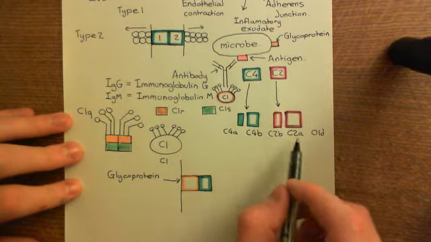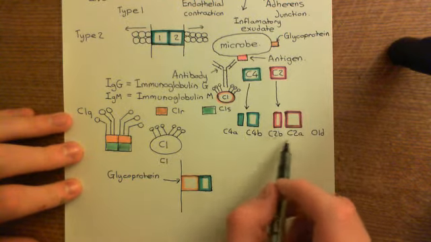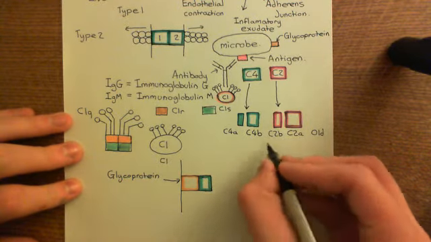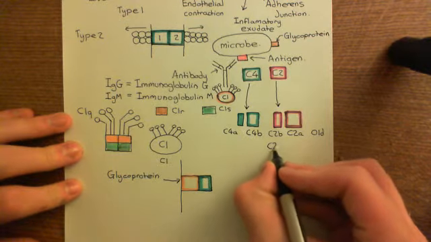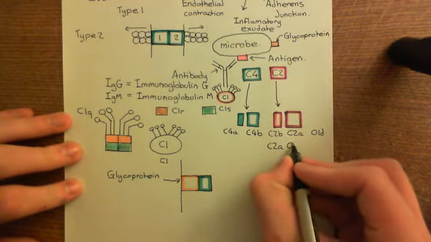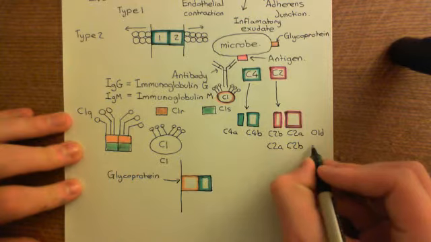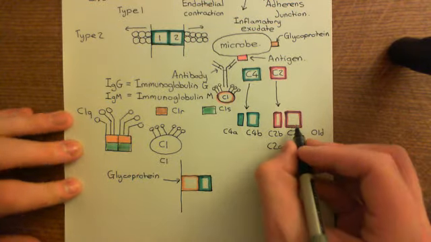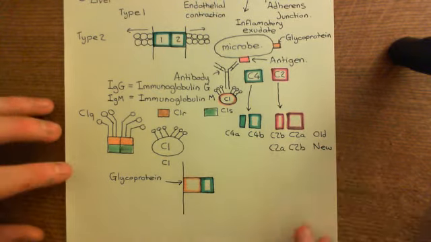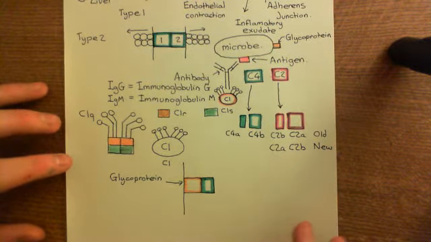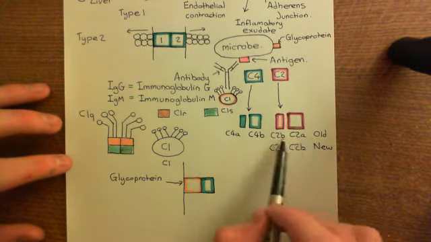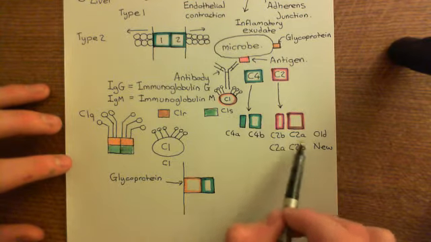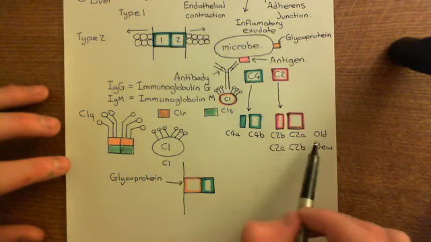So they said, this doesn't agree with our new labeling system, so let's swap them over: call the small piece C2a and the big piece C2b. In some sources you will see the big piece referred to as C2a and the small piece as C2b, and that is the form that my lecturers used, so that was the form that I was taught.